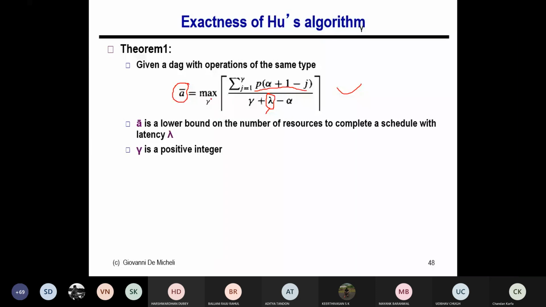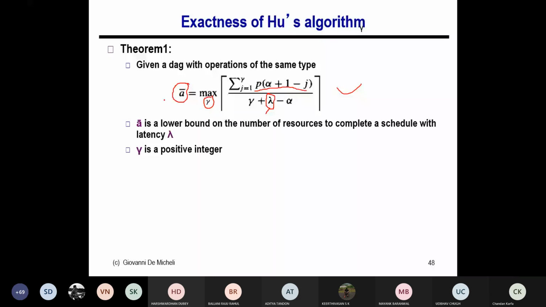I'm going to take some gamma for which it will give the maximum, and that maximum integer constant is my lower resource bound, right? So let us solve that problem. Okay.